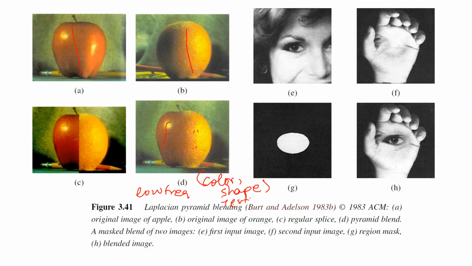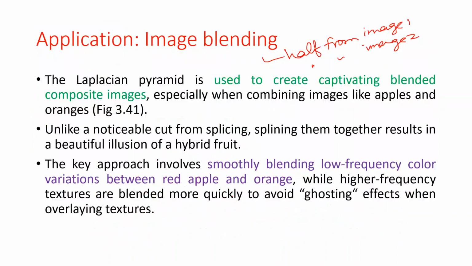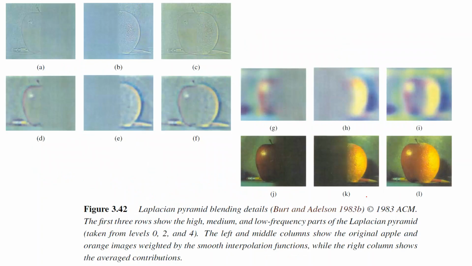So the textures are blended by high frequency. That's what was mentioned above. Smoothly blending low frequency means it preserves the colors as well as variations. In order to preserve the textures, high frequency is used. And the blending in details is represented.